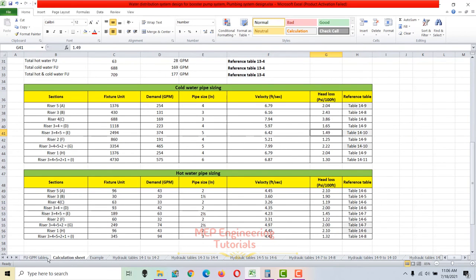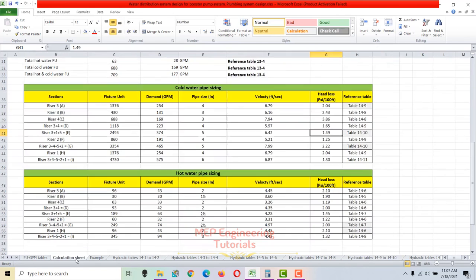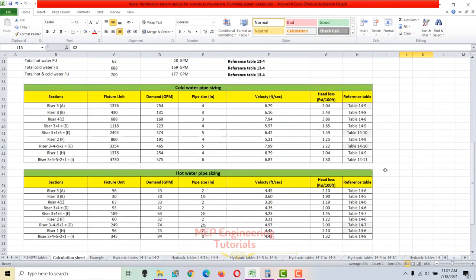Now we need to calculate the head loss as well. In the same way, we go to the 14-10 table. At 350 the head loss is 1.3, and at 400 the head loss is 1.7. Head loss is 1.49 psi per 100 foot at 374 GPM.